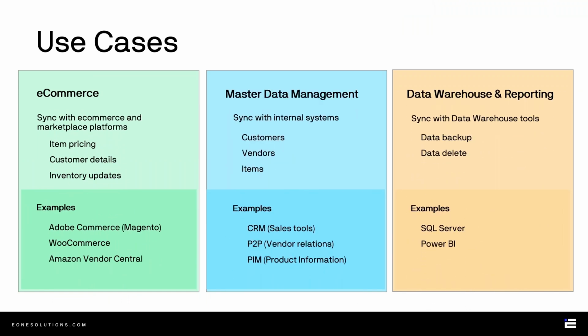So here's 3 categories that we hear about really common scenarios using change tracking. So e-commerce. So when you're trying to integrate a web shop or a marketplace with your ERP, you may have a large product catalog.